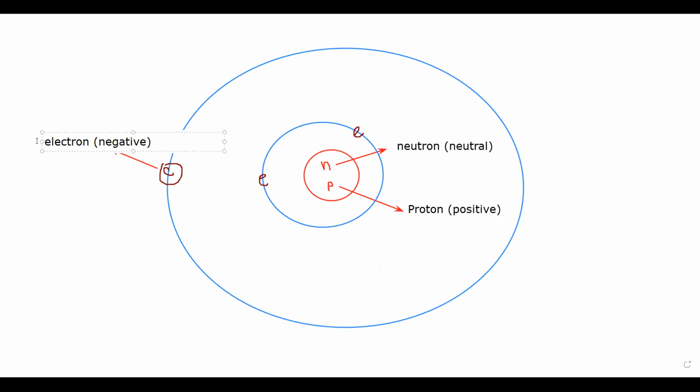Now, normally for an atom, the number of protons is equal to the number of electrons, and proton and electron carry the same amount of charge.